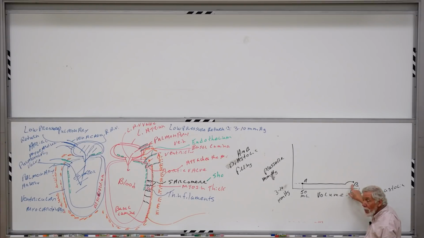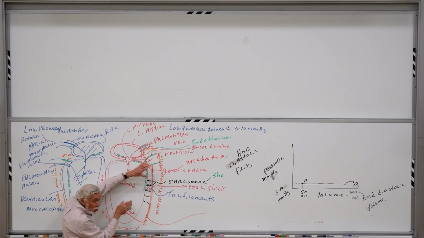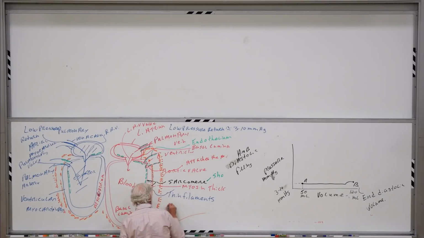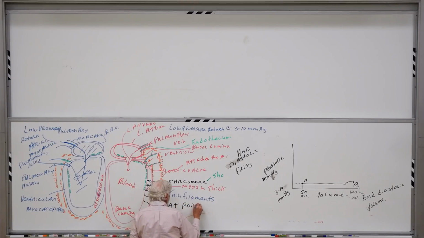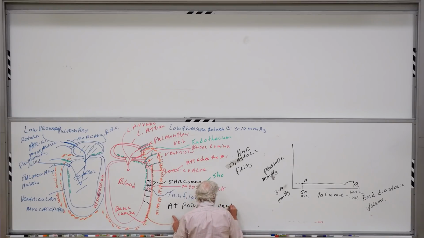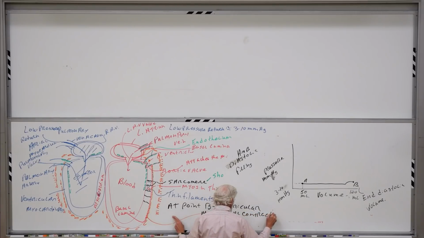Now, right here at point B, signals begin arriving at the muscle cells in the ventricular myocardium. So at point B, ventricular myocardial contraction begins.